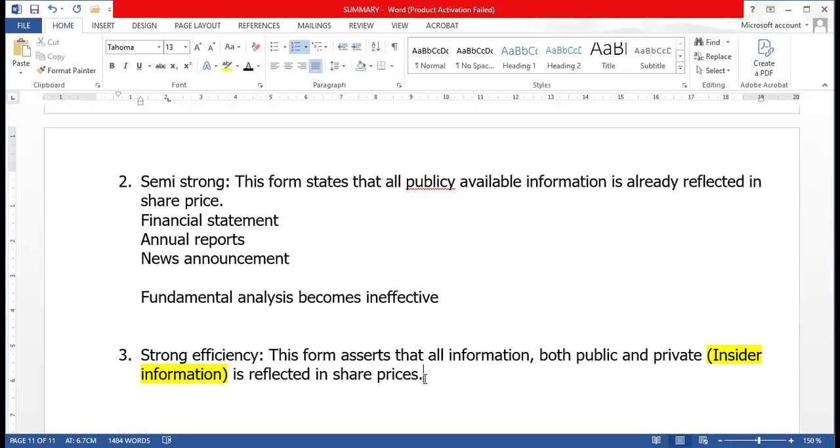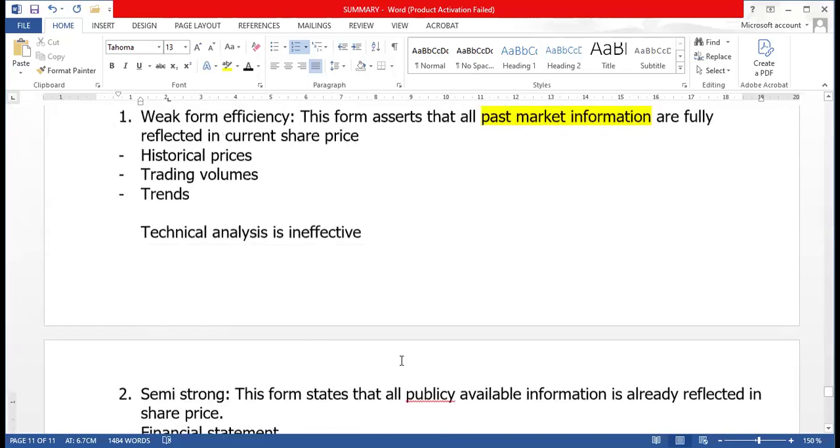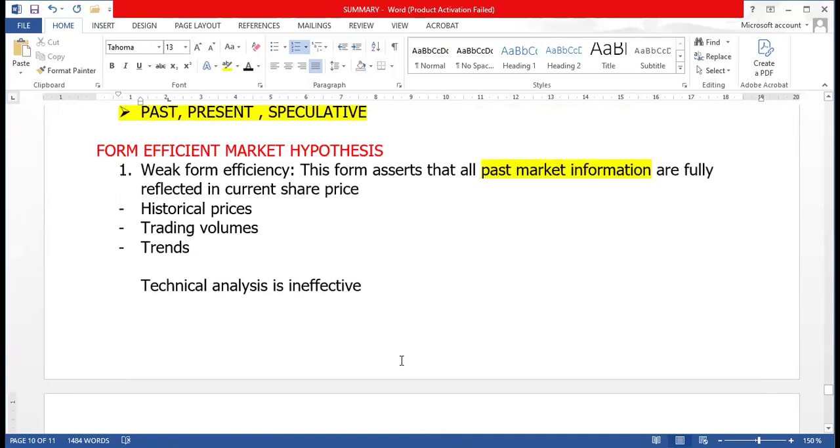Because of that, in a scenario where they ask us to explain forms of efficient market hypothesis, I believe we'll try to write something. You can use your own words. All those who have handouts, books, textbooks, you can try to go through and see.